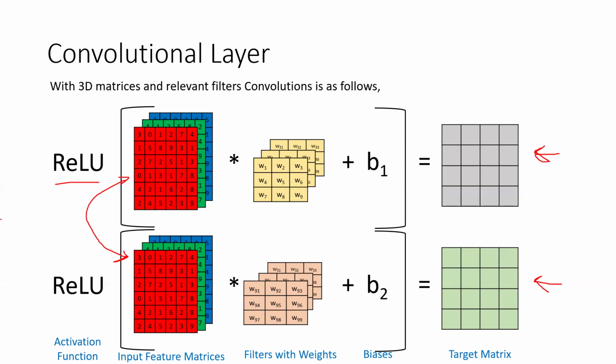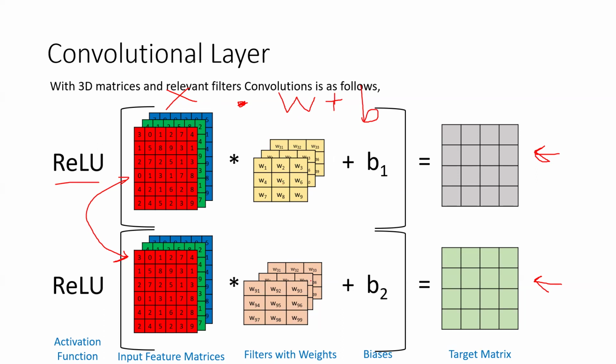So this is something like X, this is like W, this is B. x times w: x will be multiplied with the w, and then we add the b. So this is what we do in this convolutional layer.